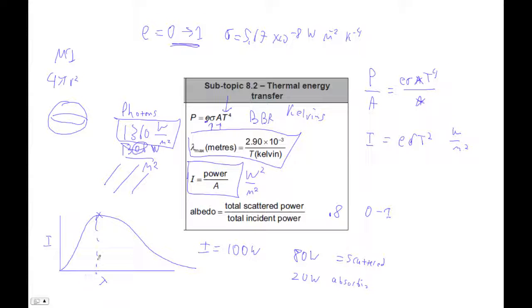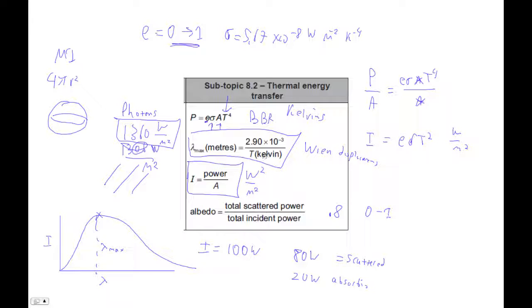That's our lambda max. If you know the temperature in kelvins, this is the Wien Displacement Law. What it means is that the peak radiation coming off of that is inversely proportional to the temperature. So the higher the temperature, the shorter the wavelength.